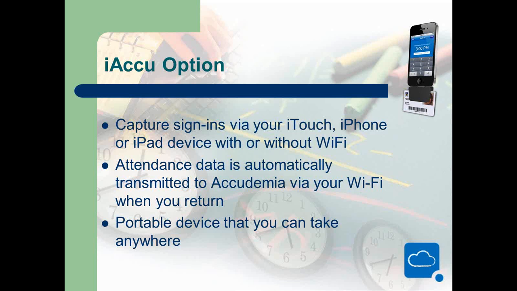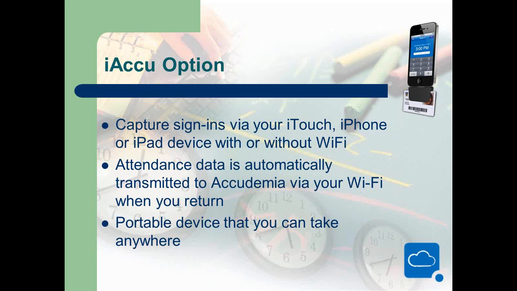If you have an iPhone, iPod Touch, or iPad, it will, because there's an application that you can download from the Apple Store. You install it on your iPhone. It's free. And then it will track the attendance, and then it'll dump it back into Accudemia when you get back in a Wi-Fi area.